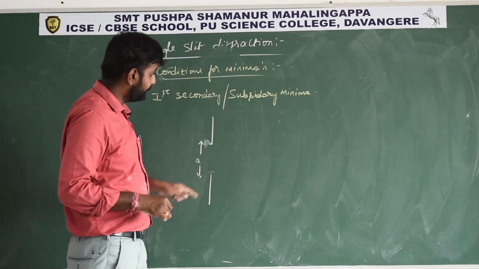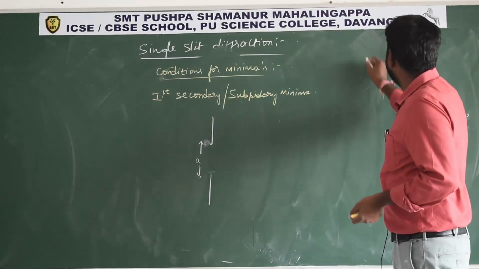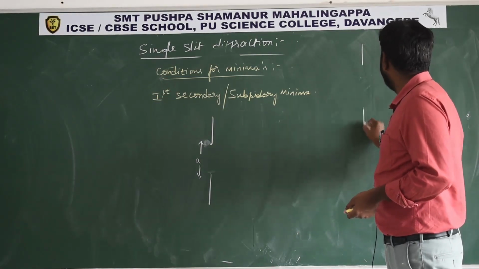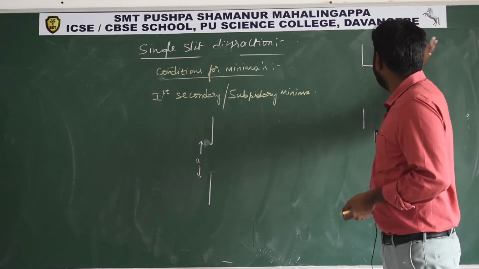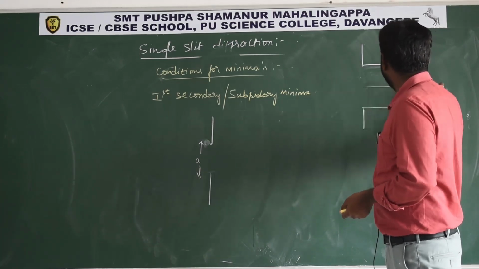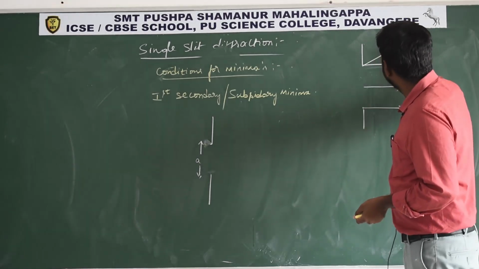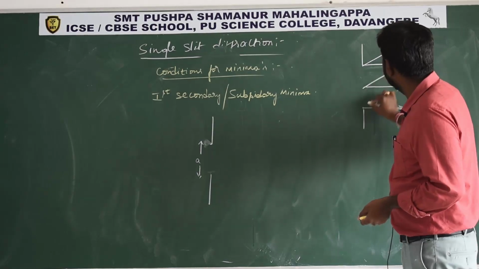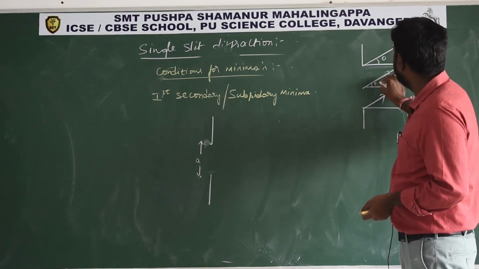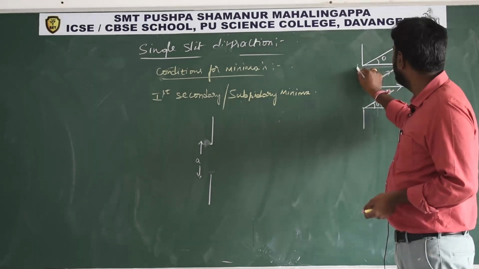And also in the previous diagram, I forgot to explain. So listen, this is one set of light rays, parallel to each other and parallel to the principal axis, and this is another set of light rays, parallel to each other but making some angle theta here. Then what is the path difference?